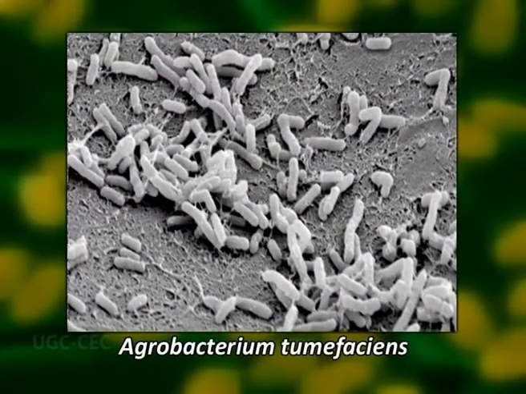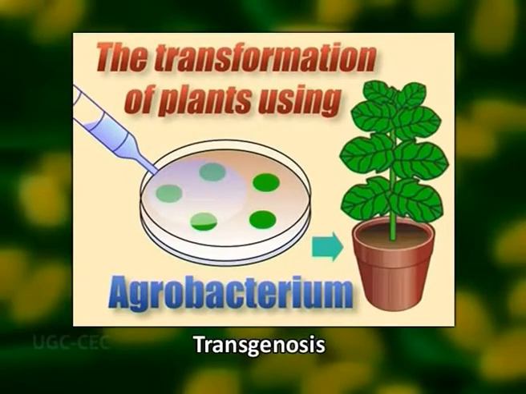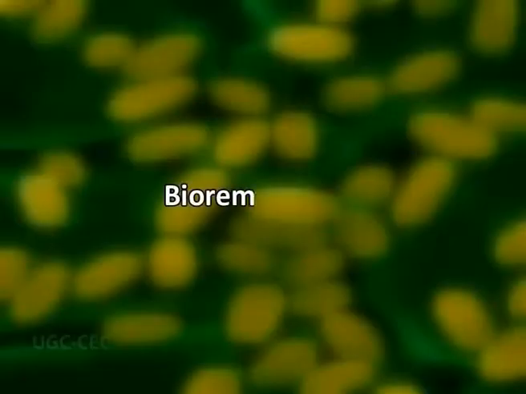Bacteria also play an important role in transgenosis. Bacteria play an important role in the development of transgenic plants and animals. Besides their indirect role in transgenosis, Agrobacterium tumefaciens is directly involved in gene transfer from one plant to another, and thus in the development of transgenic plants. An important role of bacteria is in bioremediation.